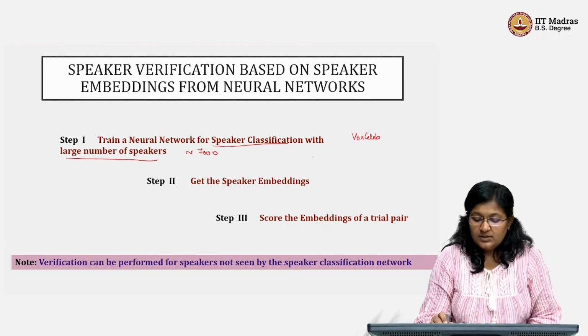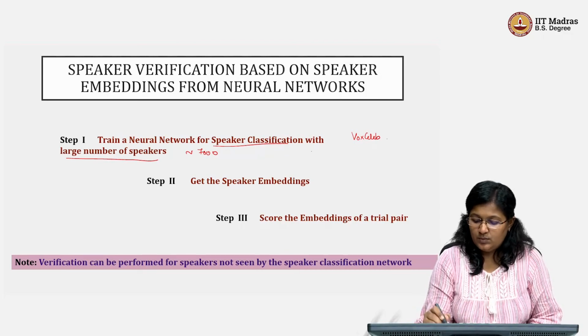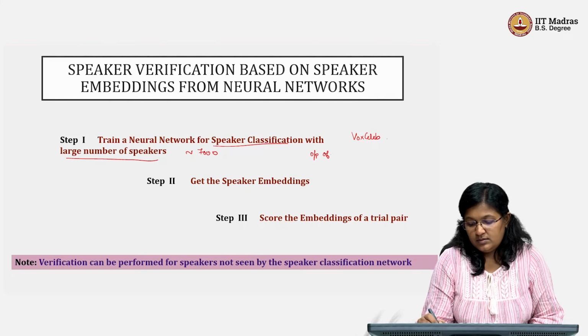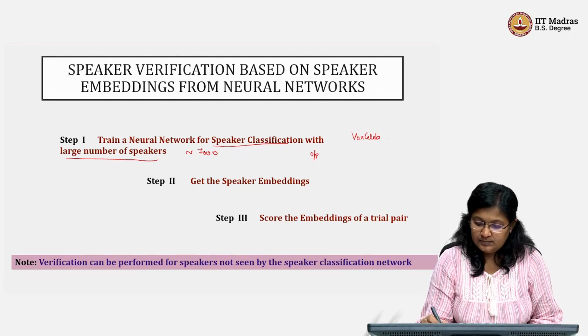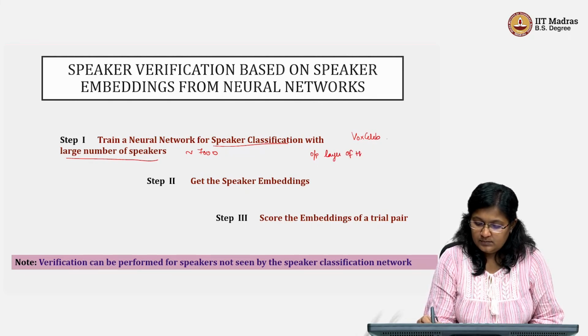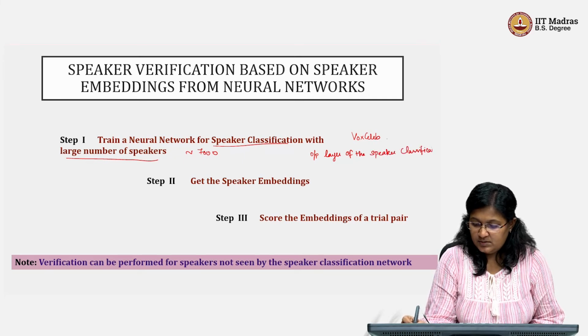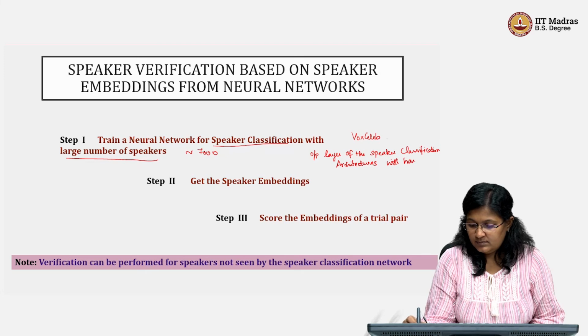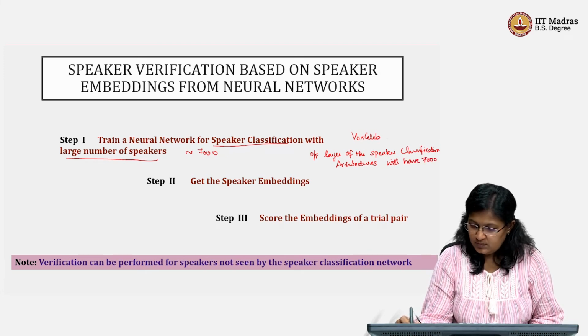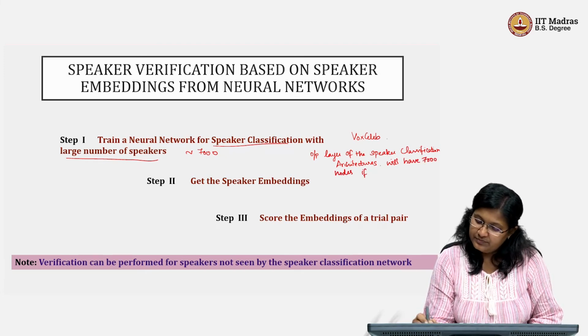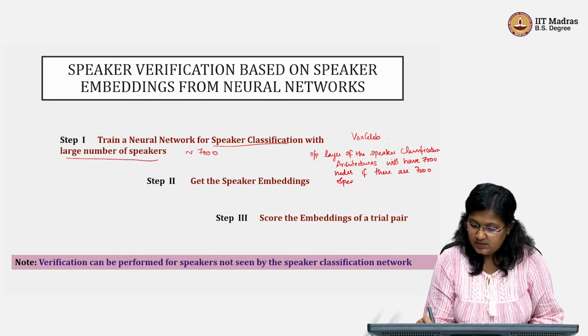So you train the model to do speaker classification. In the output layer of the speaker classification architecture, how many nodes will be there? 7,000 nodes, if there are 7,000 speakers in the database.